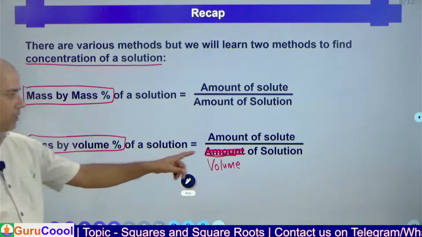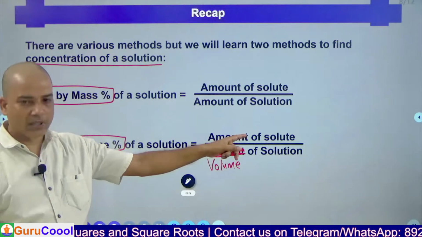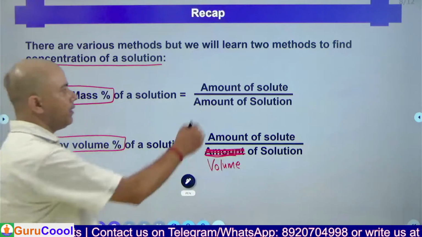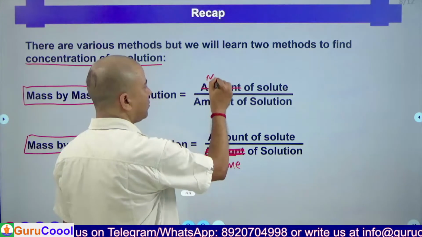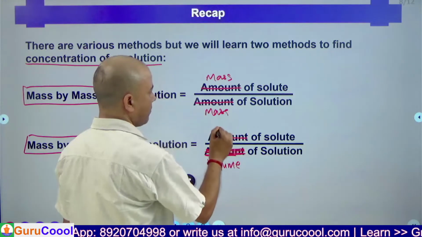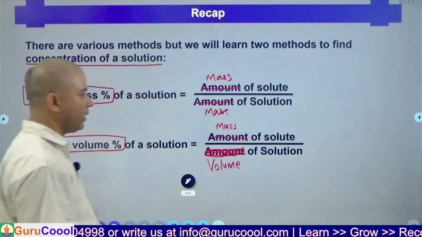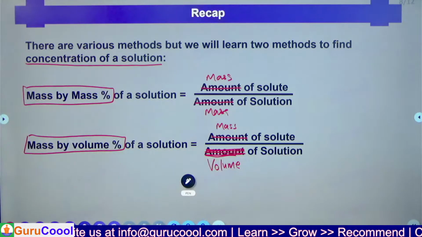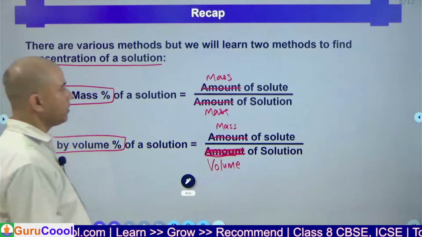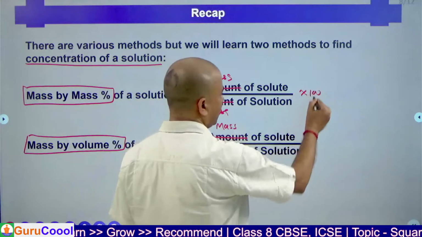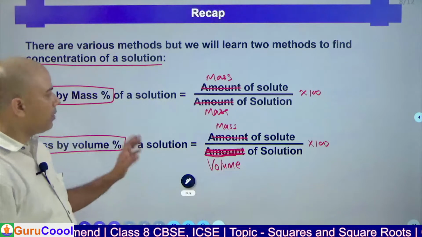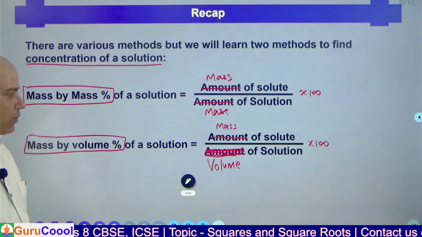Mass by volume percent means we take the amount, that means mass, in the numerator and volume in the denominator. Here amount means mass. Is that okay? Yes, because of percent we have to multiply with 100 as well. So this is how we can find out the concentration of a solution.